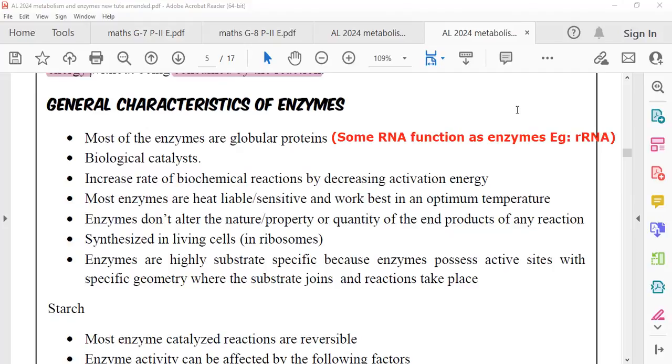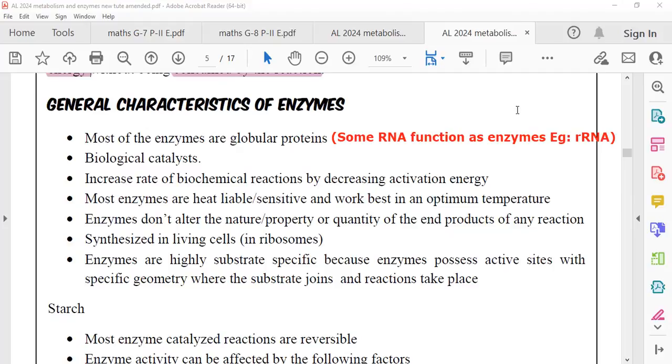Okay? Enzymes, they don't alter. Now say, in a chemical reaction, you have some starch. To that starch, you put some water.